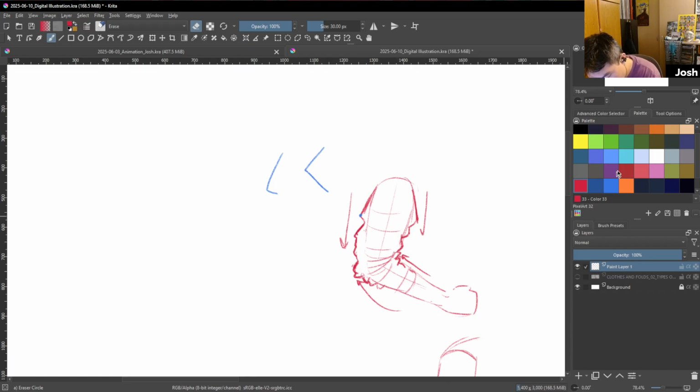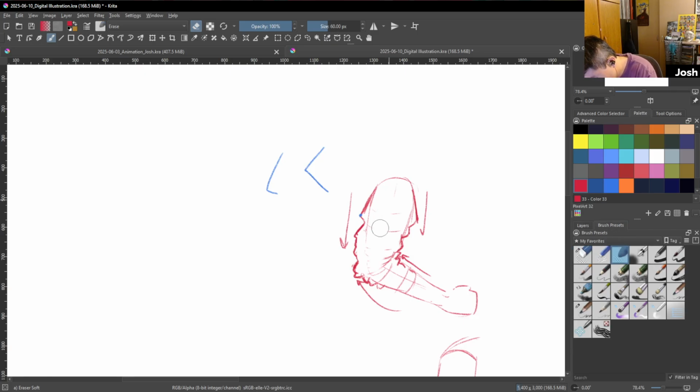And what I would do is to start, maybe I'll erase some of these lines so you can kind of see it. It's not going to look perfect because I'm just kind of drawing it on the go, but I would just start adding folds roughly in between each of the gaps. So I will look at one side and I'll look at the other, and I'll connect the two with one another.